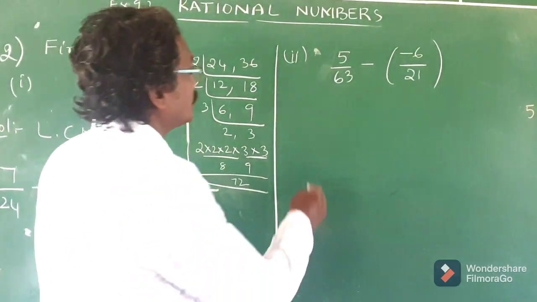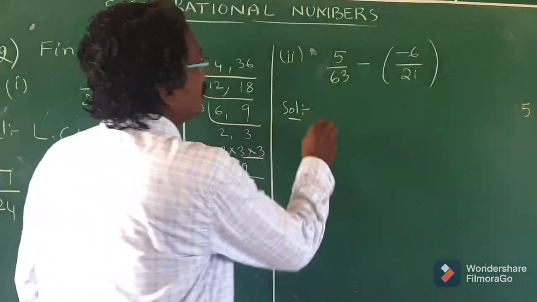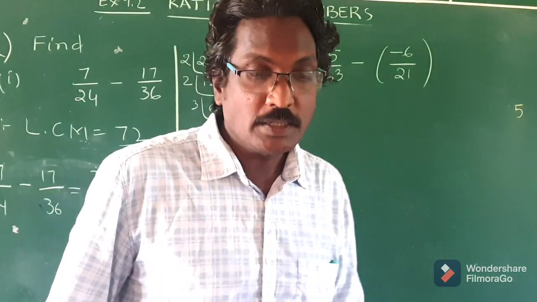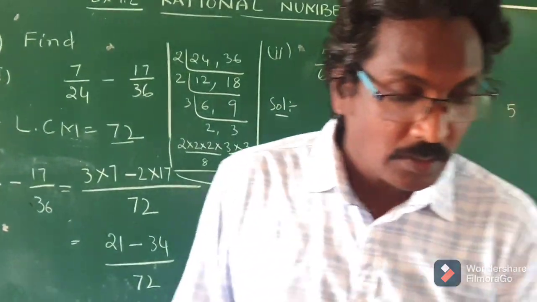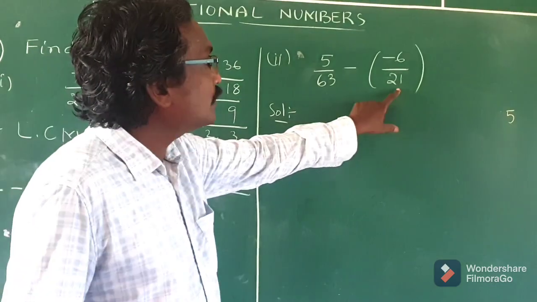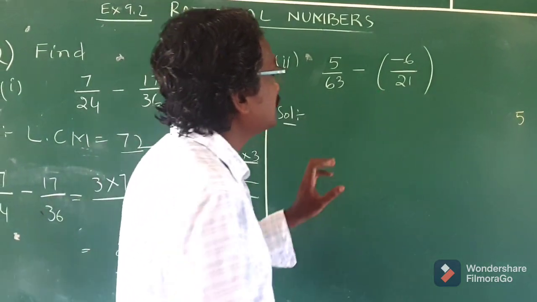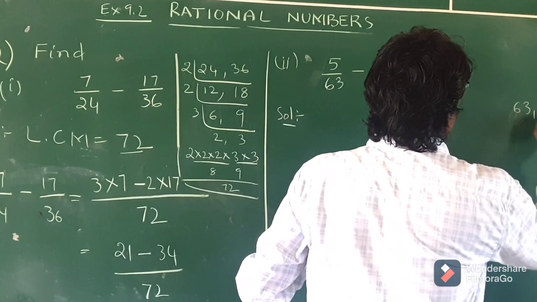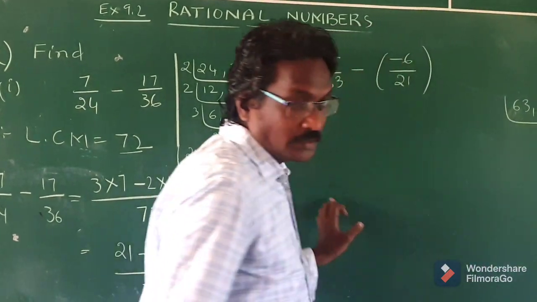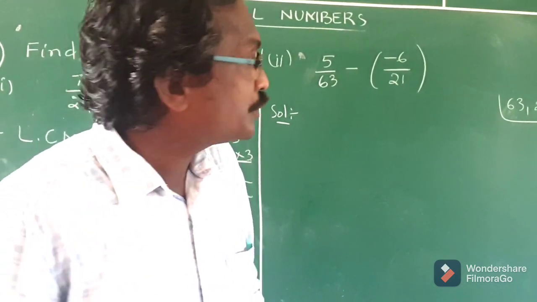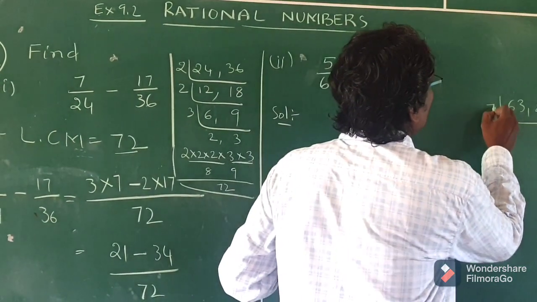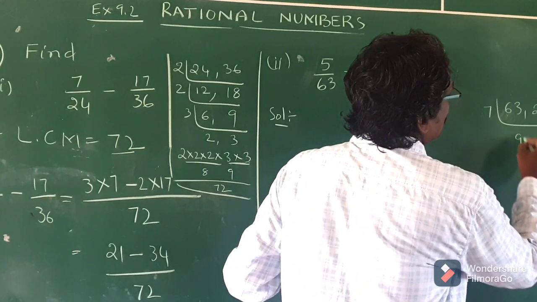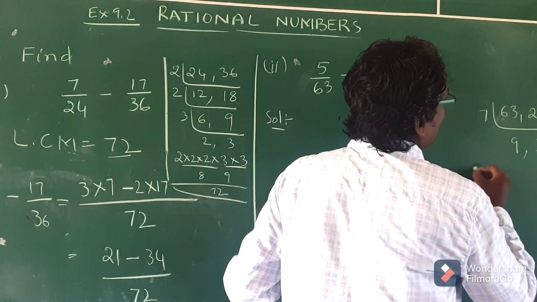Now the next one. See, do the next sum. Here also, what are the denominators? The denominators are different, so we have to find the LCM. Now 63 and 21, which table? 7 table. 7 table how many times? 9 times. 7 table 21, 3 times.